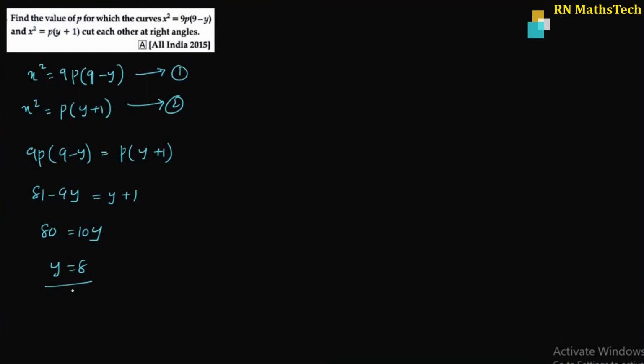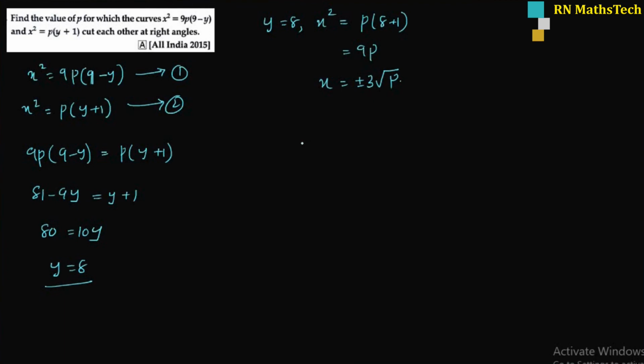Now when y is equal to 8, x square equal to p into 8 plus 1, that is 9p. x is equal to plus or minus 3 root p.